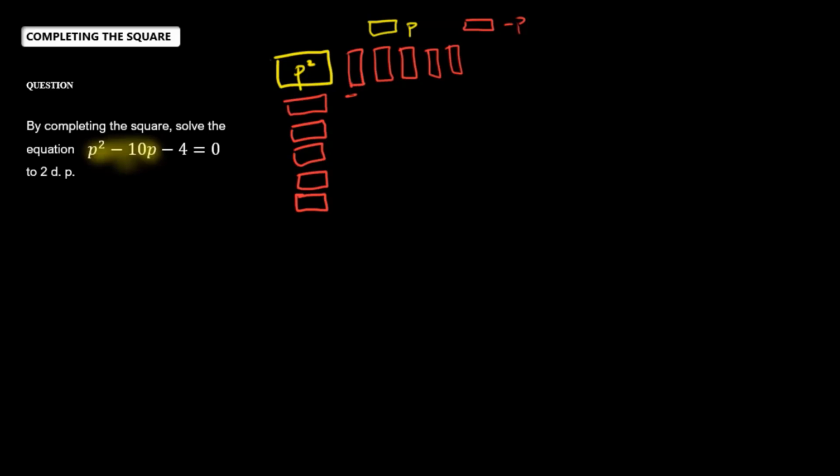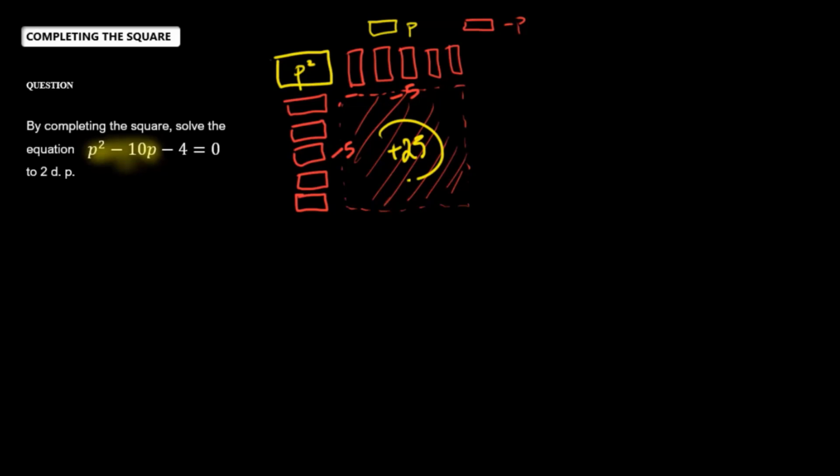The only thing I need is to figure out how many units I need to put in this empty space. Well, if this side is negative 5, and this side is negative 5, then this missing space would be negative 5 times negative 5, which would be positive 25. So that's what I need to put in my expression to complete the square.